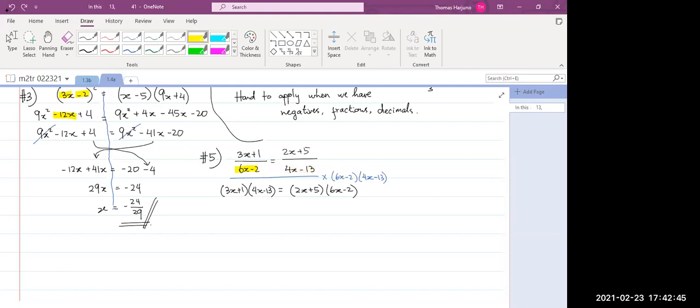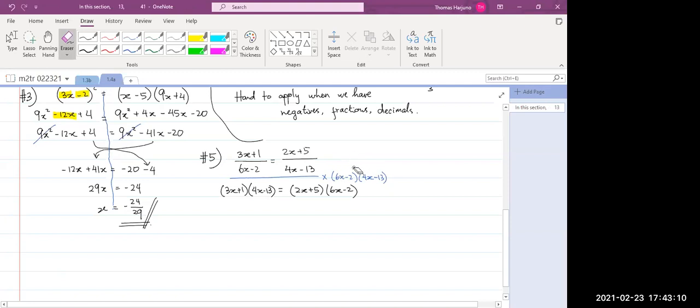But cross multiplying, as you will also see, only works if you have one fraction on the left and one fraction on the right. So in other words, suppose I do plus something over something here, suddenly cross multiplying doesn't work. However, multiplying by the LCD is still workable.